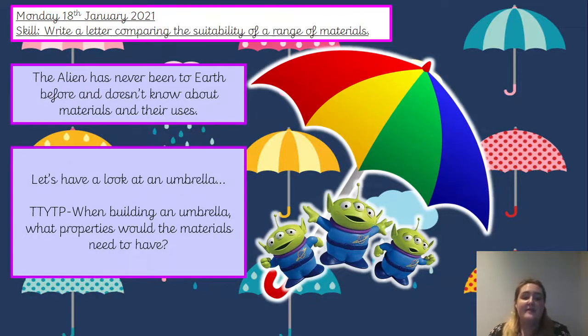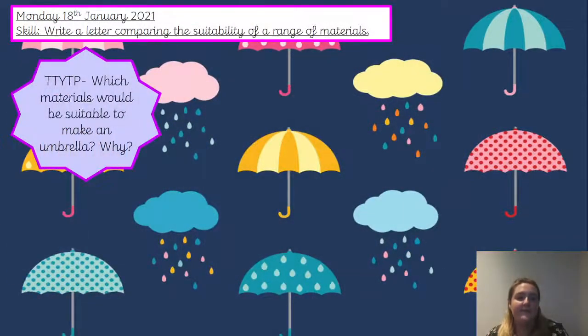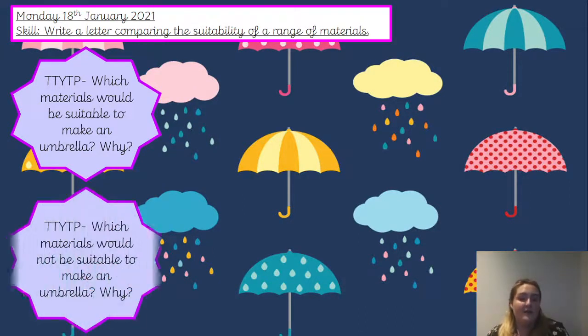Okay, so the properties of the materials then, they would have to be nice and strong, especially the pole that holds the umbrella up, and they need to be waterproof too, so that we didn't get wet. Which materials would be suitable to make an umbrella then, and why? And I also want you to think about which materials would not be suitable to make an umbrella and why. And let's have a look at some names of materials.